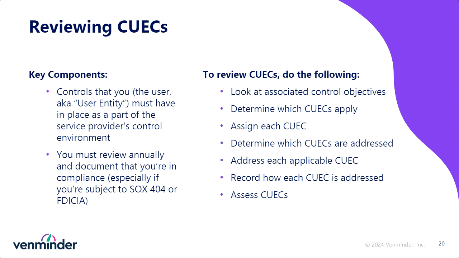And then you're going to determine which CUEs are already addressed, because frankly, a lot of these things you'll already be doing. Low-hanging fruit, if you will. And then you want to start addressing each applicable CUE. The biggest and most important piece of that is recording how each CUE is addressed. Document, document, document. And then you want to continue to assess those CUEs on an ongoing basis. The next few slides, we're going to jump into each of these steps a little bit more in depth.